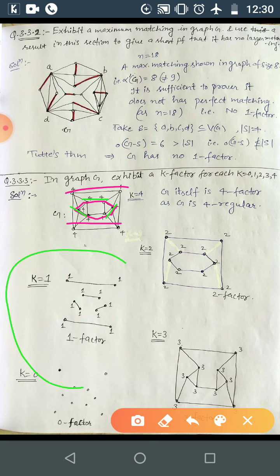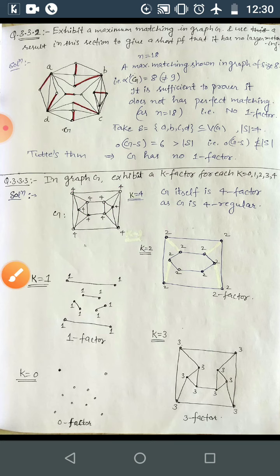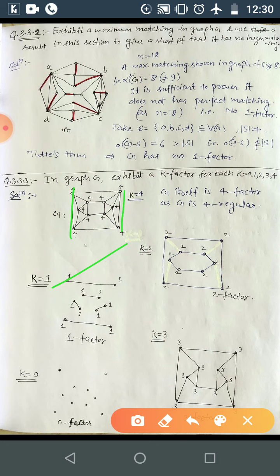So here I have just explained K1. You can find these two also. You can take these two edges and these three edges.